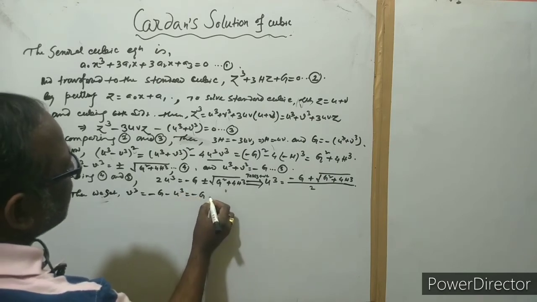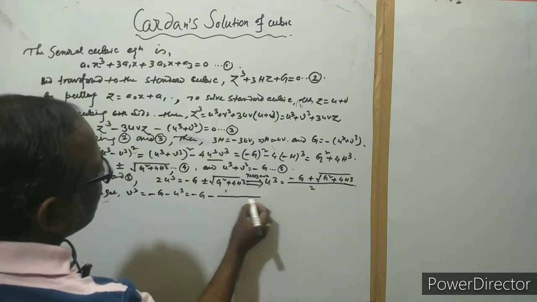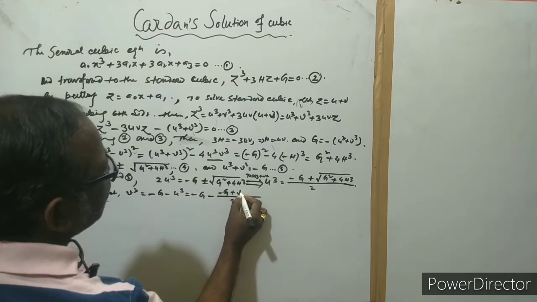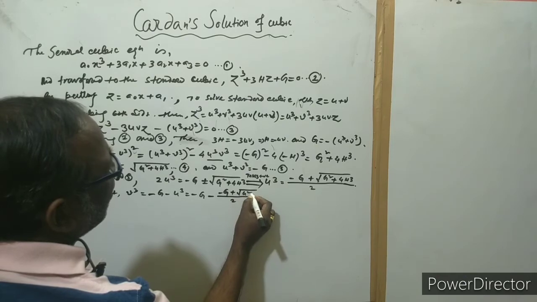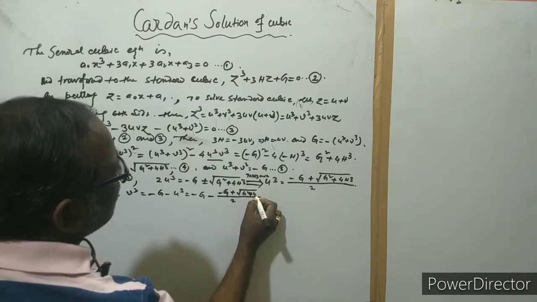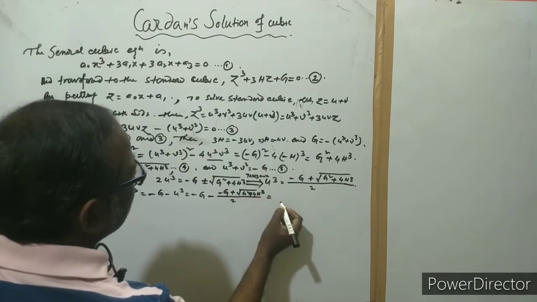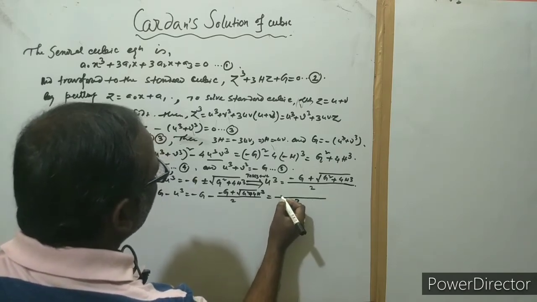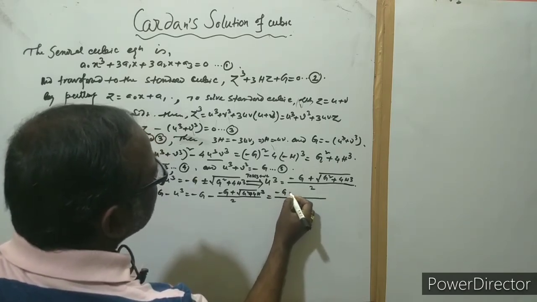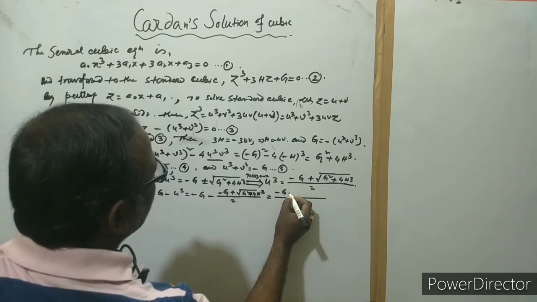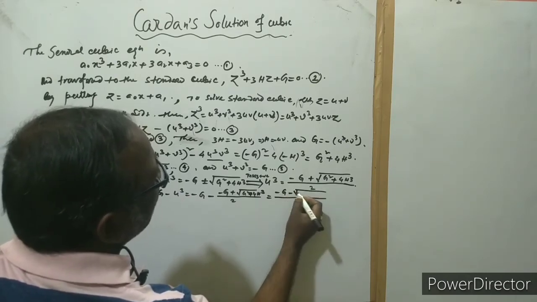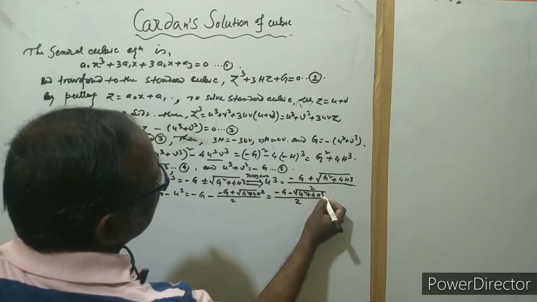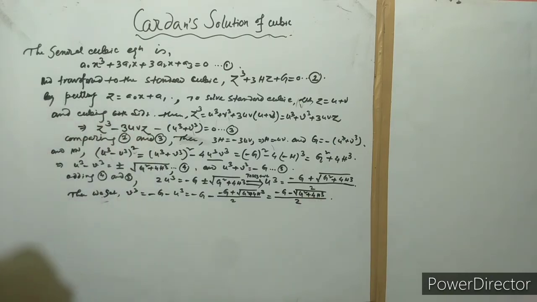So this is minus g by 2 minus root over g square plus 4 h cube by 2, that is, minus g minus 2 by root g square plus 4 h cube.